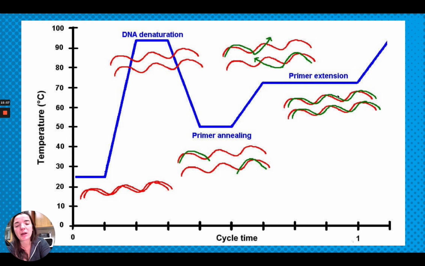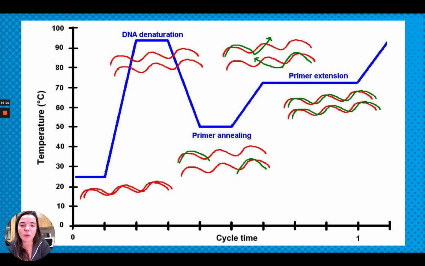So the primer annealing is at a low temperature to engage the binding. But once we start and we're looking to extend, to elongate out with those DNA nucleotides, with those triphosphates, you're going to want it at a higher temperature so that it's harder for the nucleotides to stick together.